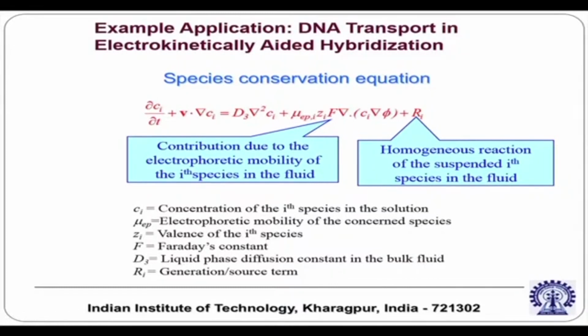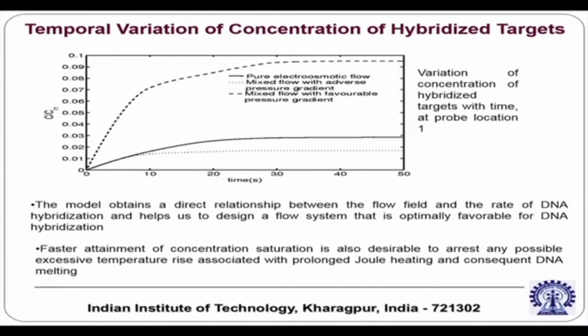that makes the DNA movement possible by electric field. In addition to that, because there are capturing probes on the surface, there is a reactive term in the species transport equation. So, like typically the homogeneous reaction of the suspended ith species in the fluid, which may be the single stranded DNA.